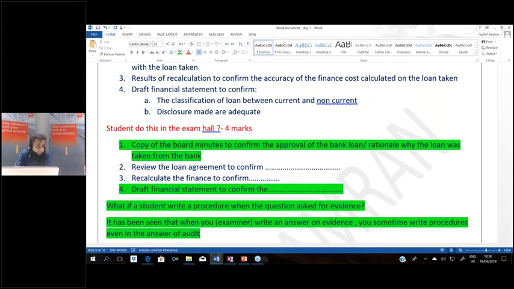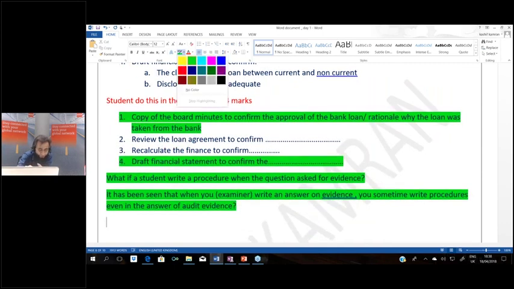If you have seen past papers, this is reality, right? So what if the student write a procedure when the question asked for evidence? Now see what the examiner answered. Be very careful because this can be so soothing for you in exam paper.